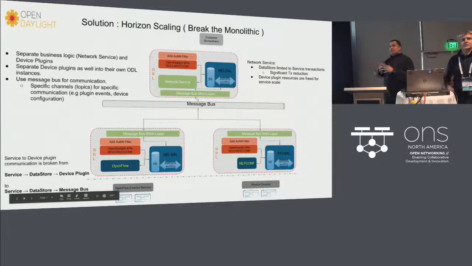Then it goes to the respective agent, is written into their data store, and that's how the plugin picks it up and writes it down. This is very high level. Internally there is a lot of optimization in how the message bus shim layer is implemented, but this is the high level interaction that changes. So it goes from service data store to device plugin, to service data store, message bus, data store again, and then the device plugin.